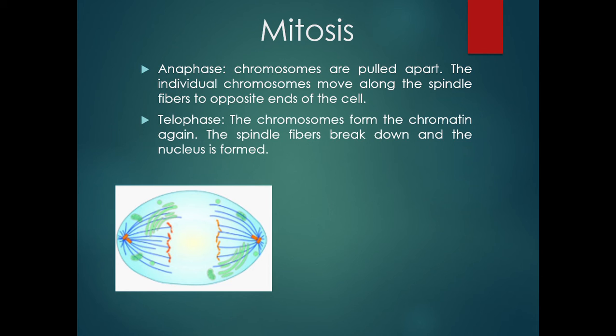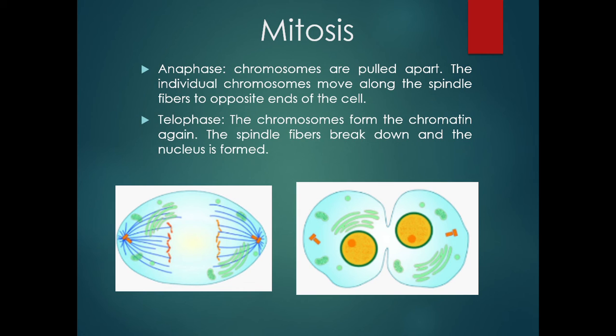Because just like I told you before, at the end, both cells are going to be identical. They are going to have the same amount and the same DNA information. Okay, so basically in the anaphase, what happens is that the chromosomes separate in order to divide the specific genetical information.